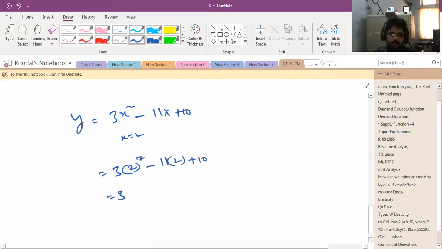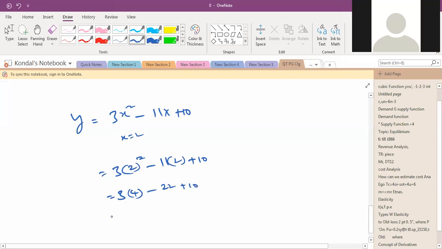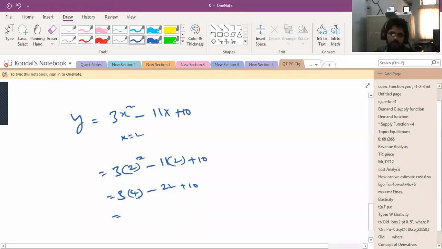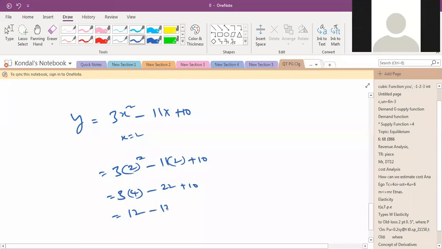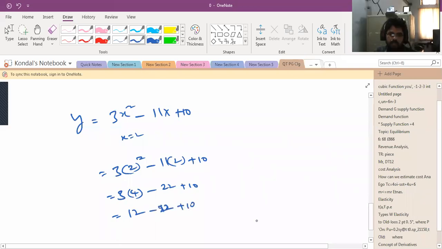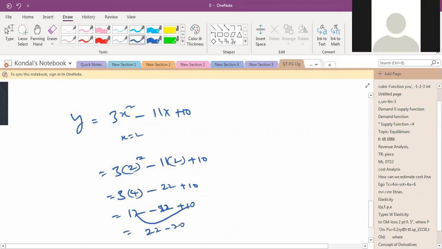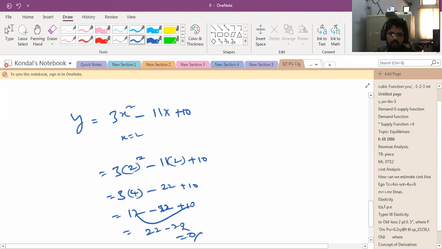So 3 into 4, 12, minus 22 plus 10. If you add the positive values, 22 minus 22 is zero. So we need to check whether our answer is right or wrong.